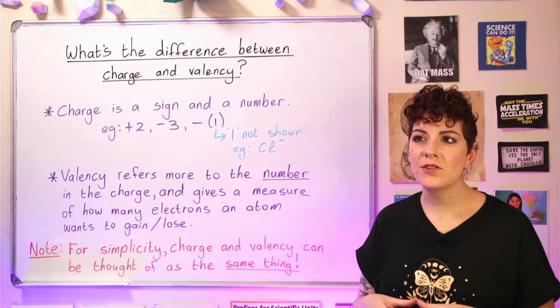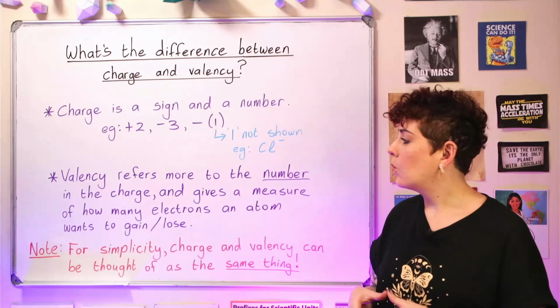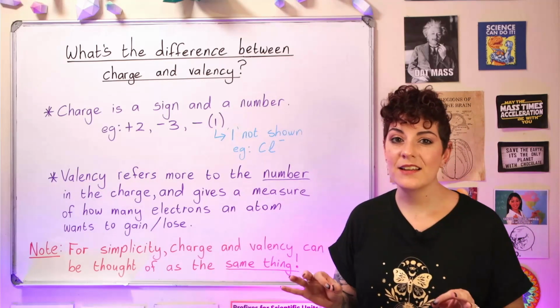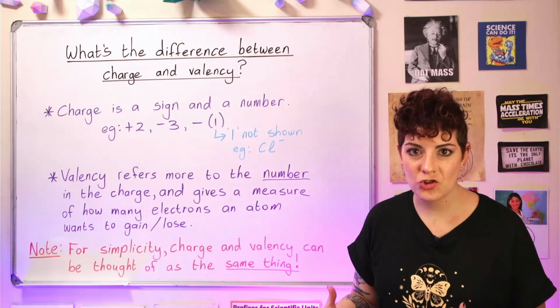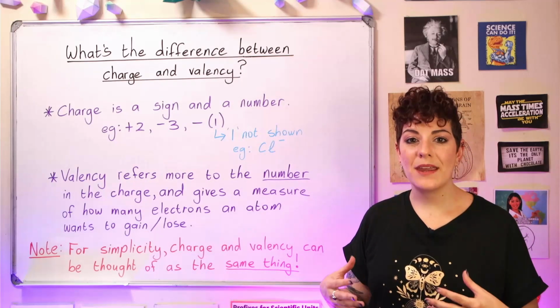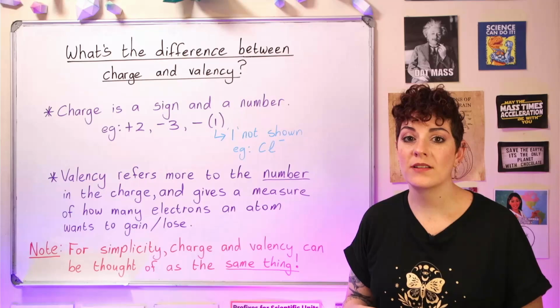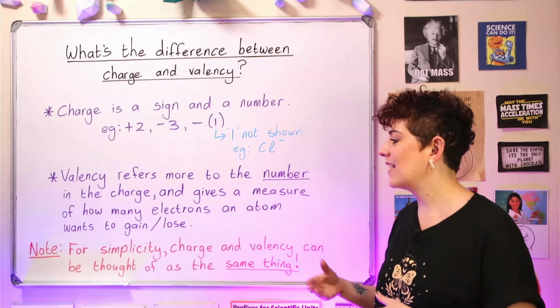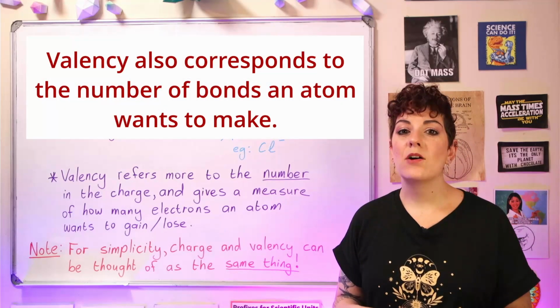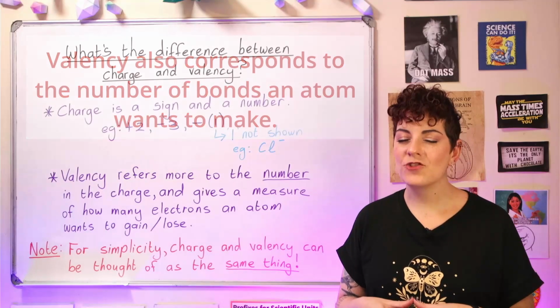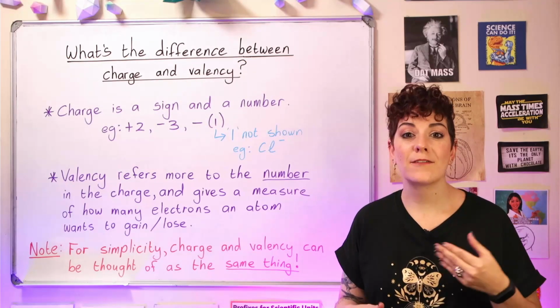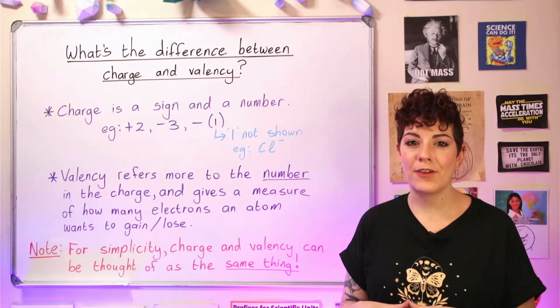Now, what about this word valency? Well, valency, technically speaking, refers more to the number in the charge, and it is a measure of how many electrons an atom wants to gain or lose. Now, for simplicity in high school science, learners can really think of charge and valency as the same thing.